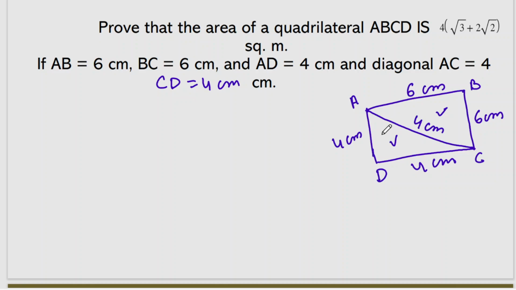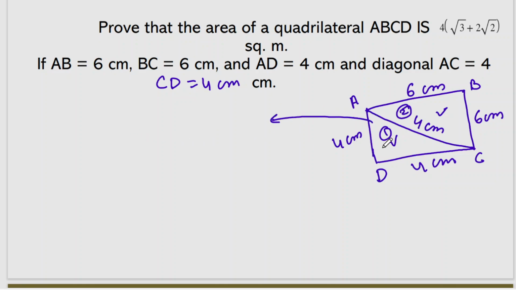Let us name this triangle 1 and this triangle 2. Now you can see triangle 1 is your equilateral triangle and triangle 2 is your isosceles triangle. We'll find the area of each of these two triangles individually and then we will add them to get the area of the quadrilateral.